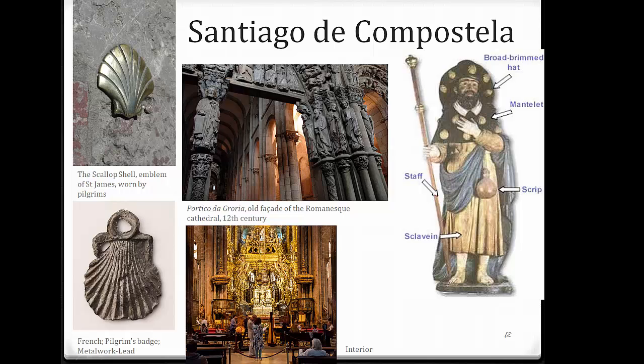This slide is an illustration of what the pilgrim looked like, the clothes that they wore during their pilgrimage, and also the various churches along the route, and showing the interior of the final destination of one of these Romanesque cathedrals.